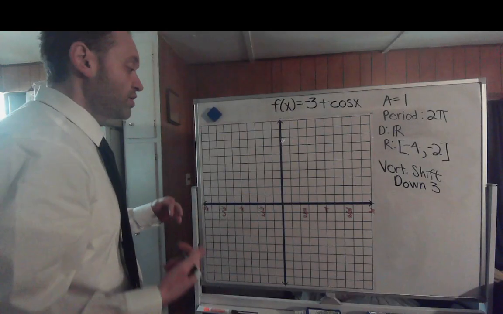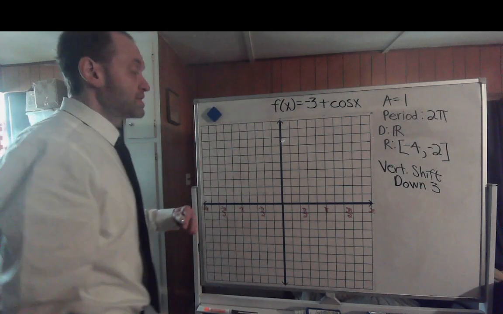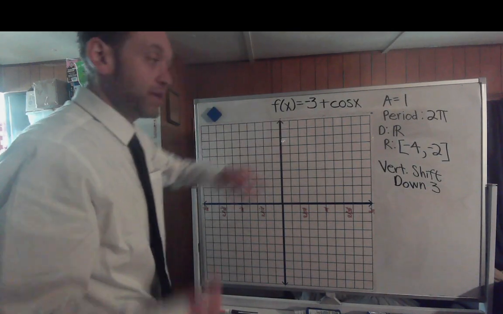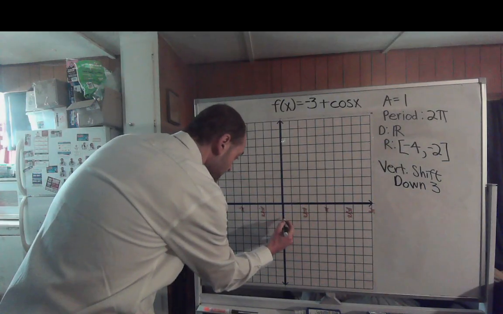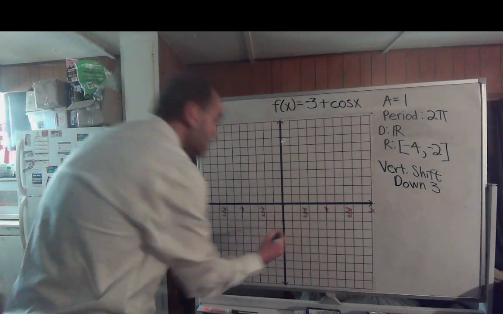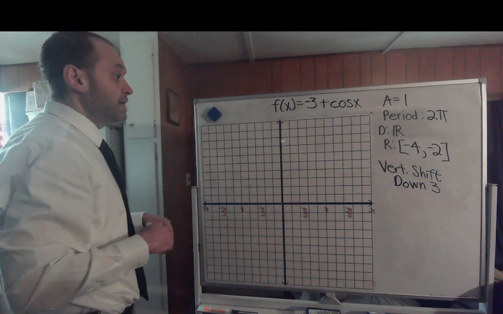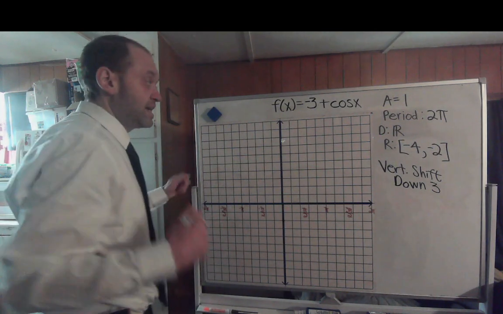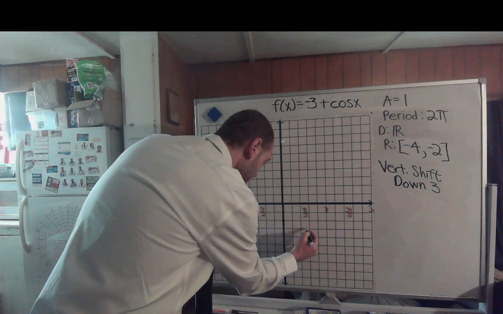So let's go ahead and graph this. What is the cosine of 0 normally? It's 1. Add -3 to that, you end up getting -2. Now what is the cosine of pi over 2 normally? That's 0, but if you add -3 to that, you'll end up getting -3.